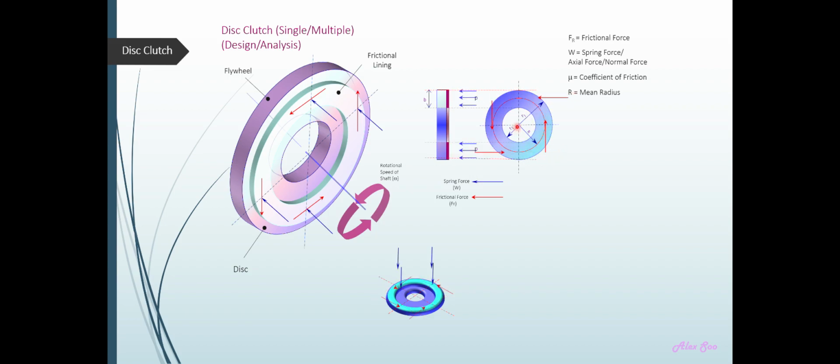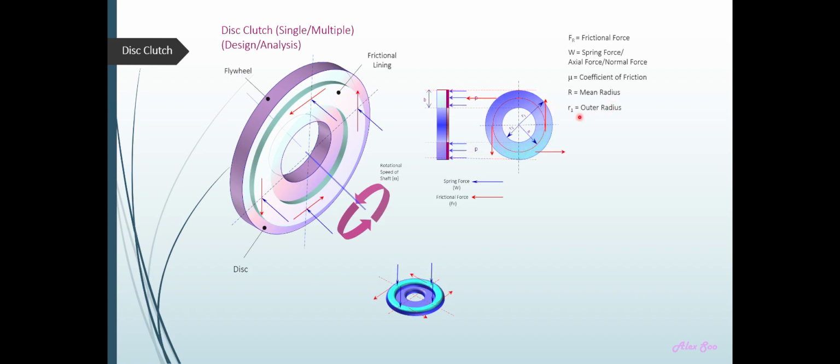So R, as I've said, that would be the mean radius, because as you refer to this length here, from the center to this point is called the outer radius of the frictional lining material. And then from the center to this point is the inner radius. So this is the frictional lining material.